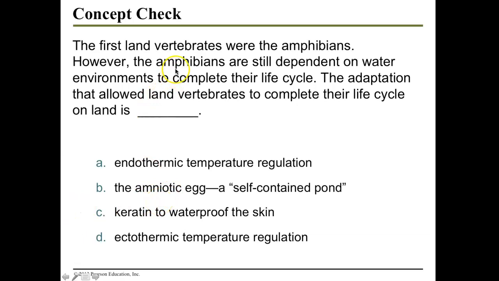Because amphibians are still dependent on water to reproduce, with their egg laying and their immature larval form, the tadpole, but then their adult form is on land. So the amniotic egg, or the self-contained pond, is a structure that allows animals to move away from the water so they can reproduce on land completely.